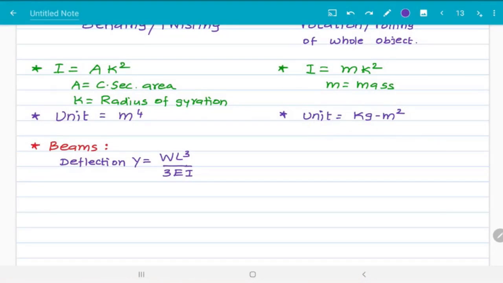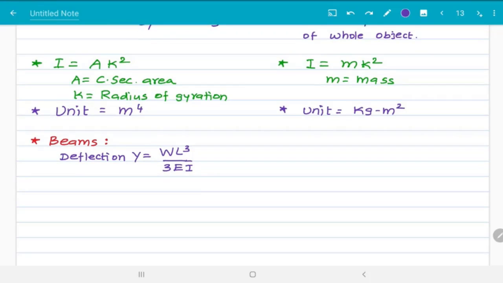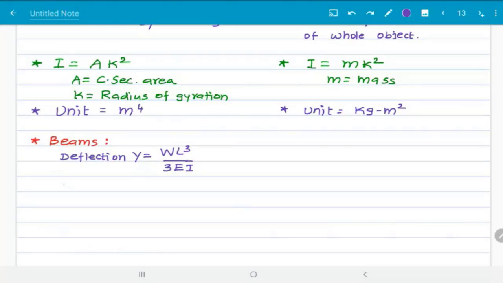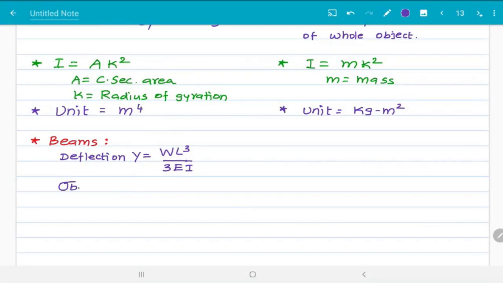Then in the beams, what is the other information? Bending normal stress also we are studying, right? In the beams, sigma bending is equal to M y by I. Have you seen this formula?